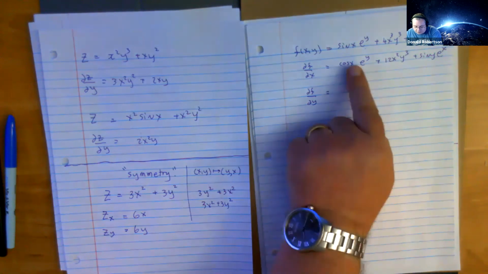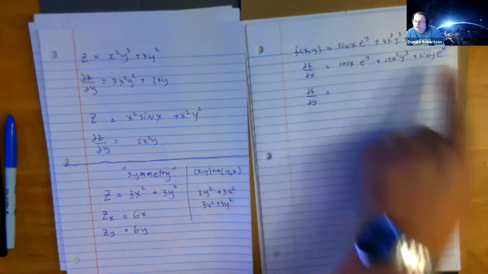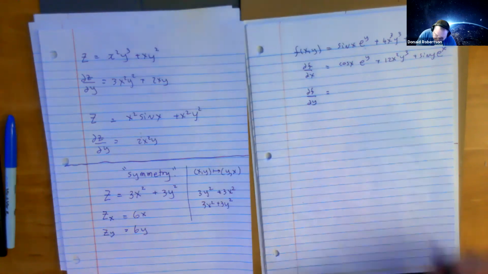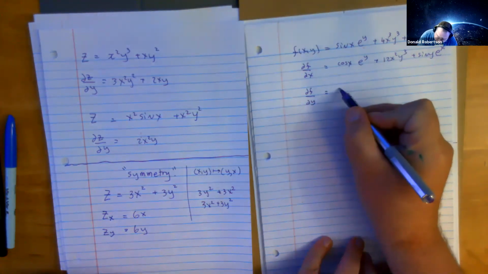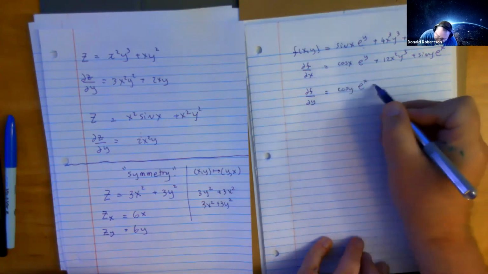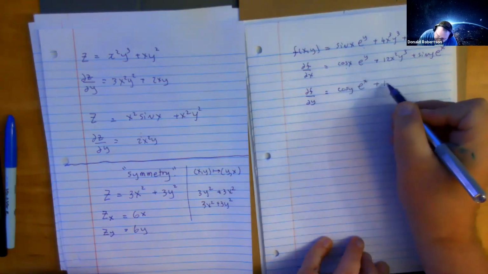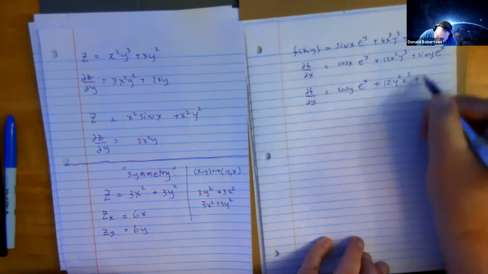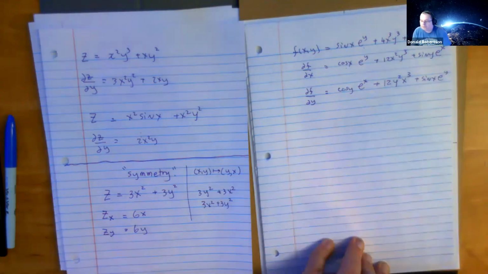Don't you just go through each of these terms and switch places, x's and y's? So this fella would become cosine y e to the x. This guy would become 12y squared x cubed, and this guy would be sine x e to the y.